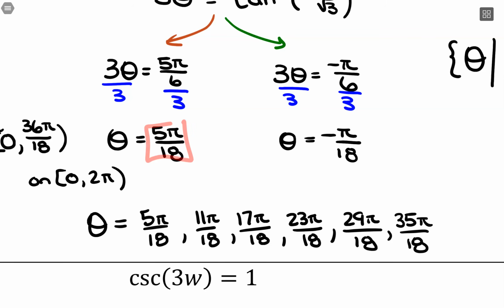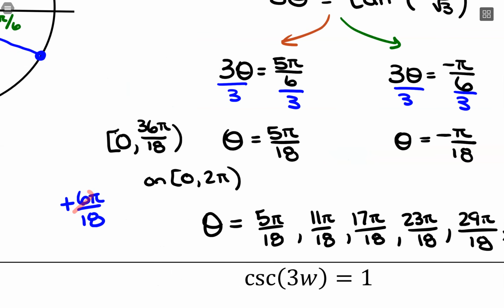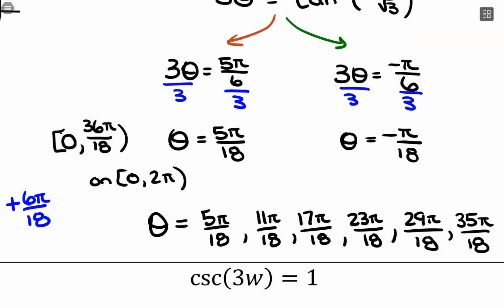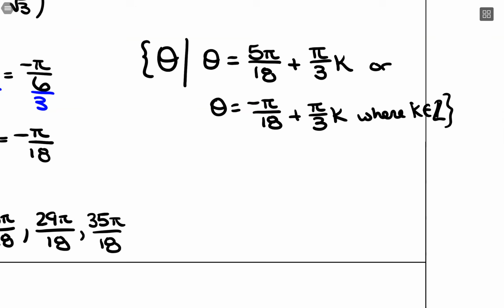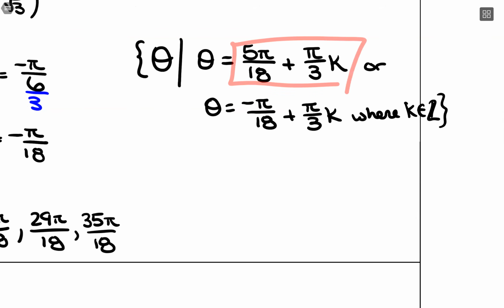So that takes care of this 5 pi over 18 plus those increments of pi over 3. Now if I do this with the negative pi, so that's like a negative 1 plus 6, well that's 5 pi over 18, which we already listed, and then plus 6 plus 6. So actually these line up with each other, meaning what I was saying that I would go back to is really I only need one of these because they land on each other.